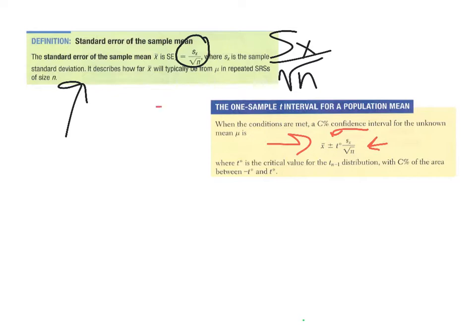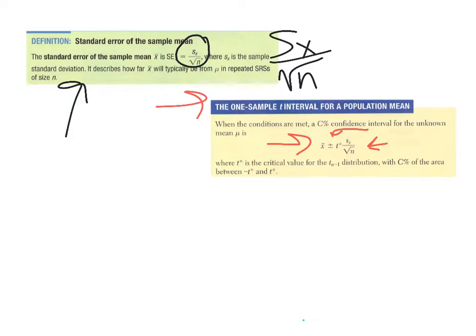And this is called our one sample t-interval for a population mean. So we've seen a one sample z-interval for a proportion, and now we're seeing a one sample t-interval for a population mean. Remember, when you're doing your problems and you have to plan and tell what method you're going to use, you're going to need to use these appropriate names.